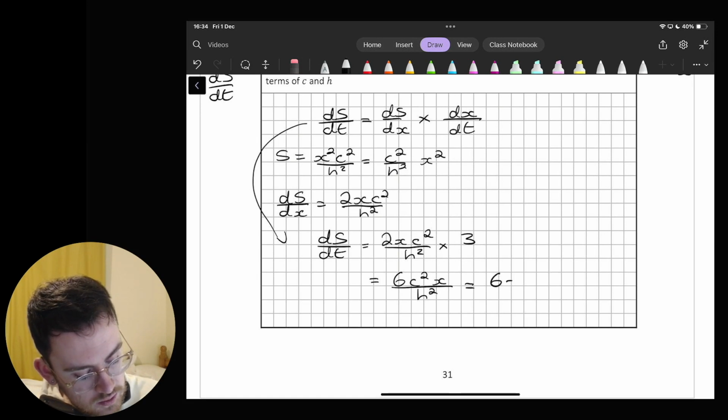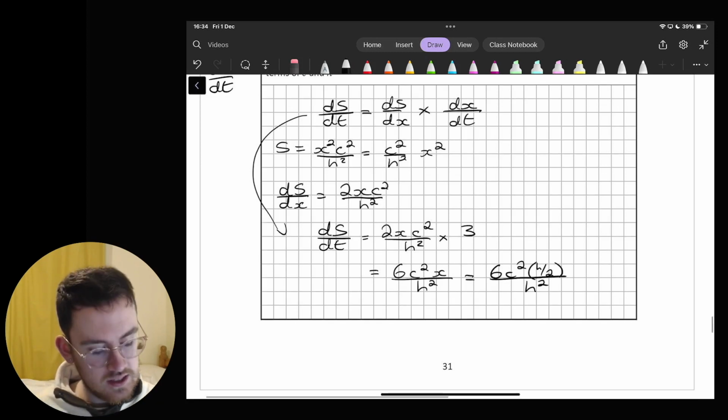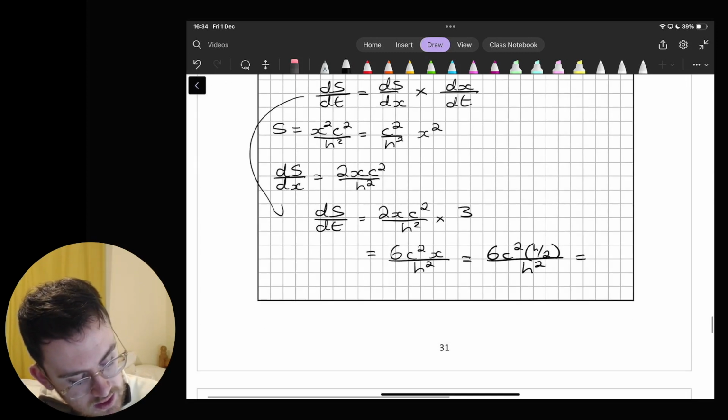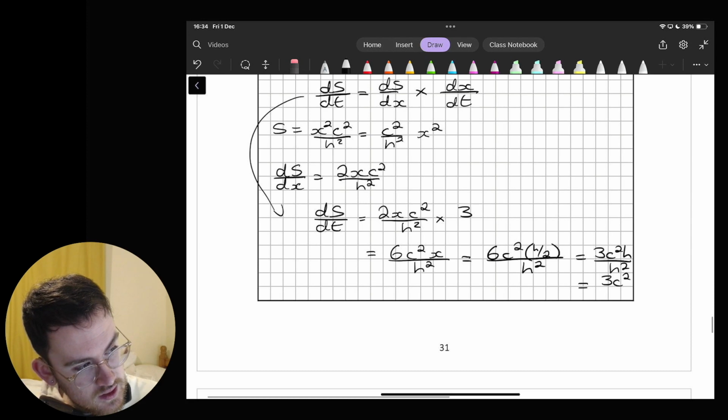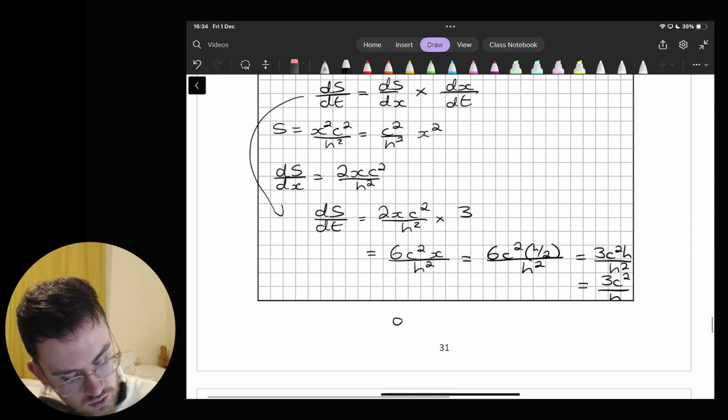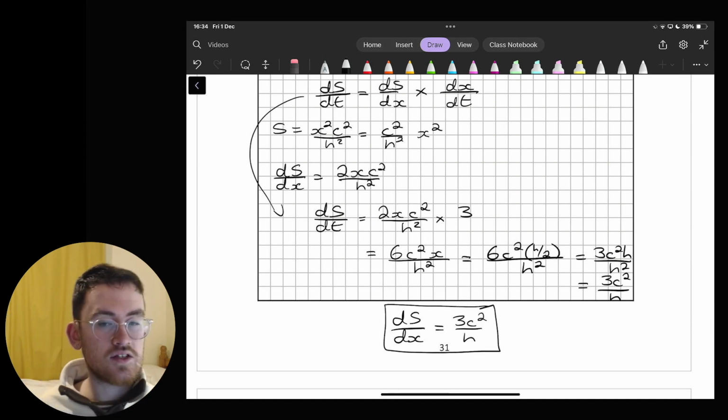So we're going to have to substitute this now into this formula here and see where that leaves everything, I suppose. So sorting this out here, it's 3c squared h over h squared, which is going to be 3c squared over h. So overall, my derivative, the rate at which s is changing when x is half the perpendicular height, is going to be 3c squared over h.